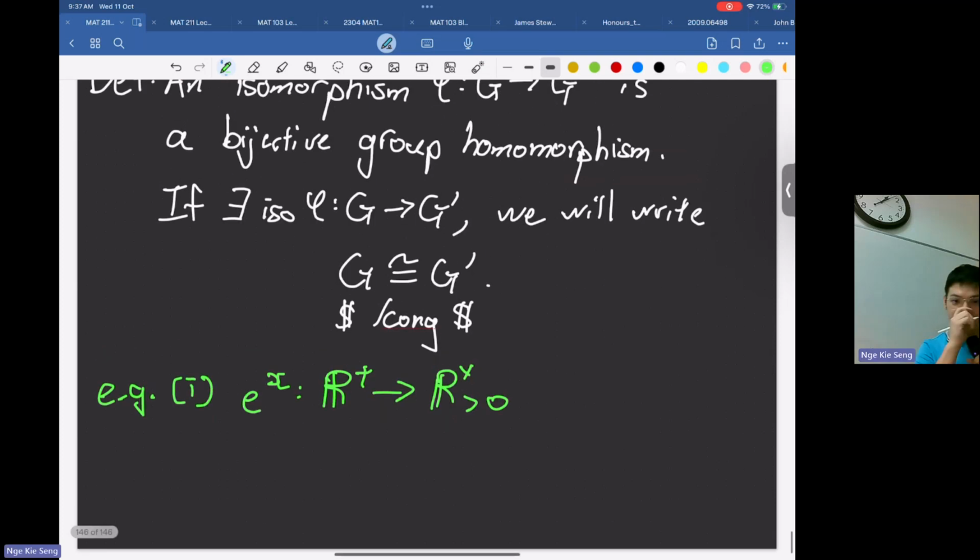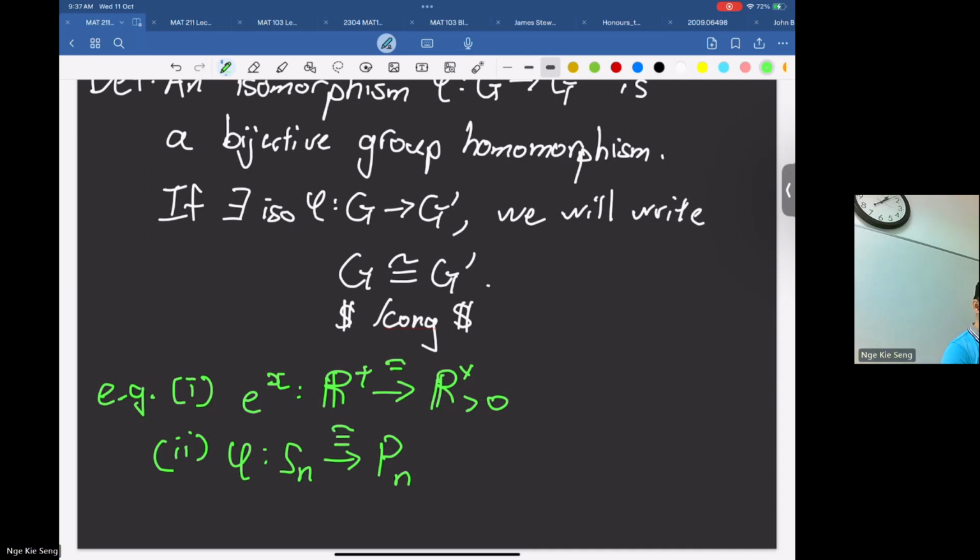And then last time I talked about this equivalent way of stating Sn in terms of Pn, the permutation matrices. There's an isomorphism between these two. The way I constructed the permutation matrix from Sn is the isomorphism.